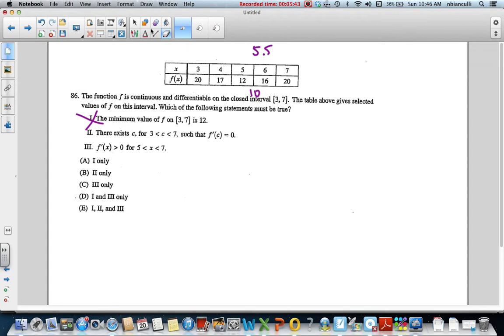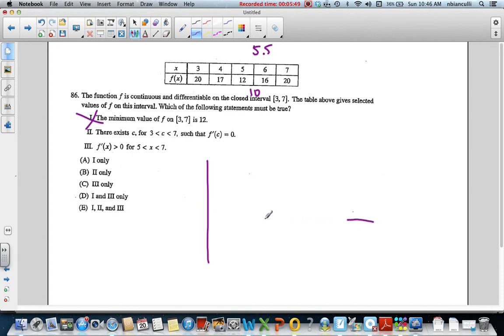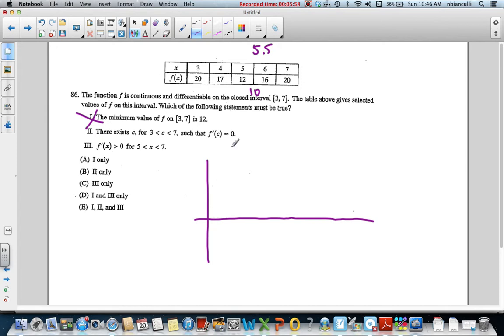So, if we draw this thing, at 3, we're at 20. At 4, 17. At 5, we're at 12.